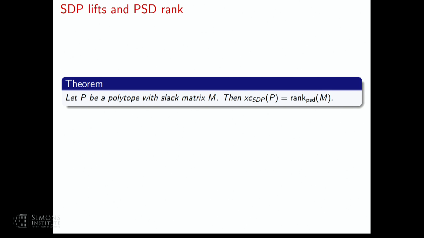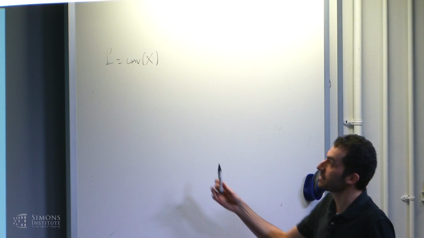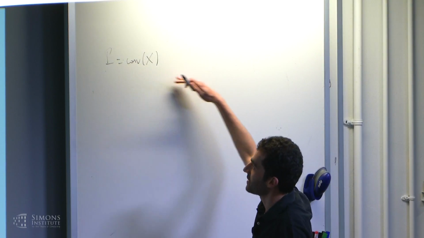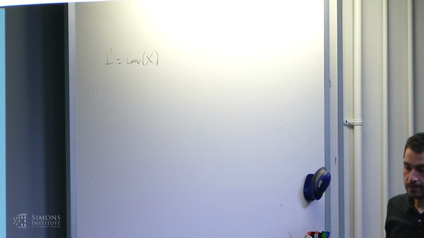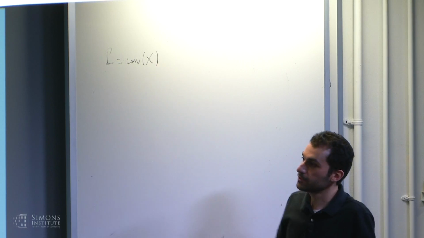Okay, so again there are two directions in the proof. I take P, the convex hull of a certain set X, so my slack matrix is indexed by the facets and the vertices X of the polytope.